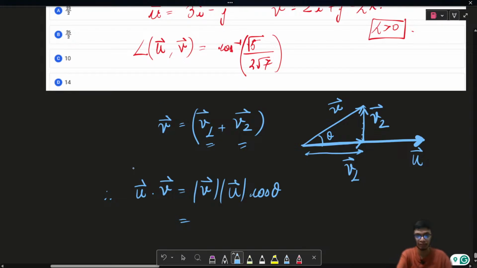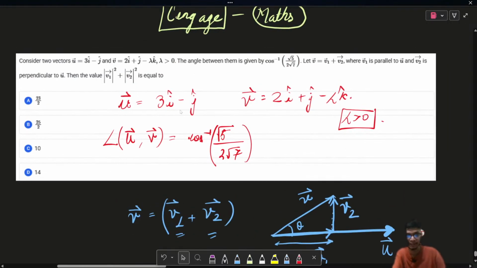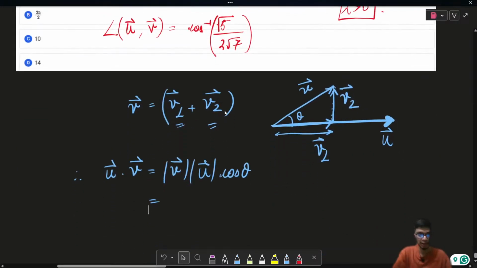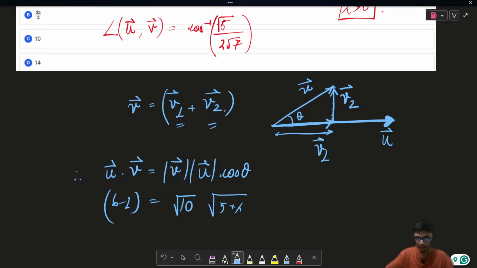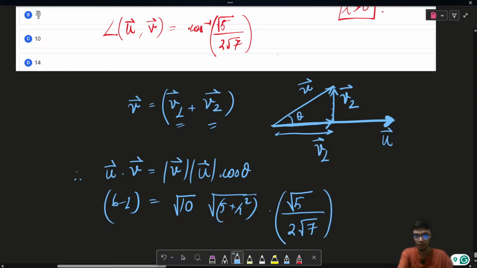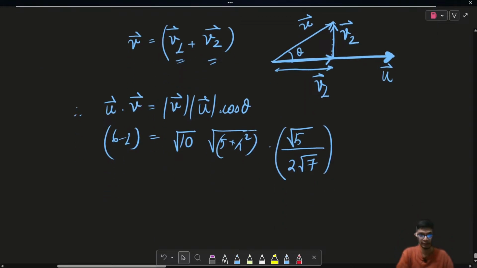If I do u dot v, because I know the components of the vectors, it comes out to be 6 minus 1, that is 5, right? And this is equal to square root 10 times square root of 5 plus lambda square, times the cosine of the angle between the vectors, that is root 5 by 2 root 7.